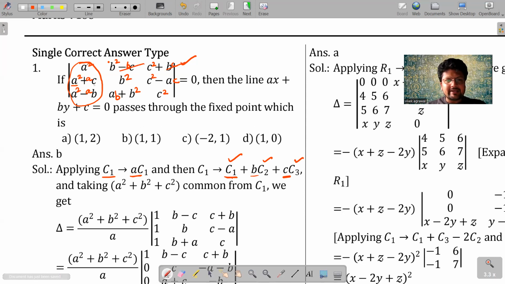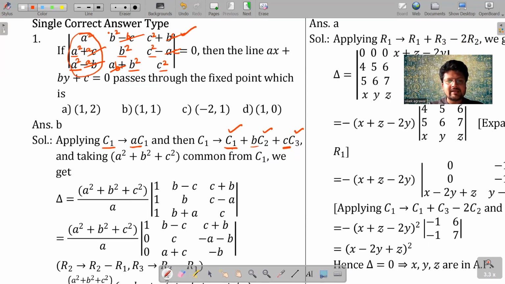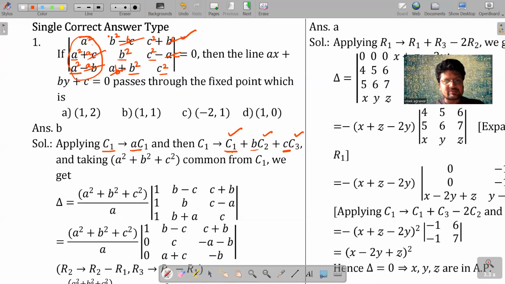Here also I'll get A square plus B square plus C square, and plus AC and minus AC will cancel out. Here also A square plus B square plus C square, and minus AB plus AB will cancel out. So now I can see that A square plus B square plus C square is created in column number 1, so I take out A square plus B square plus C square common from column number 1.